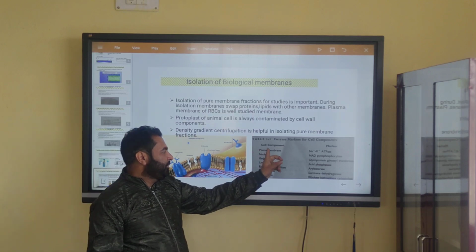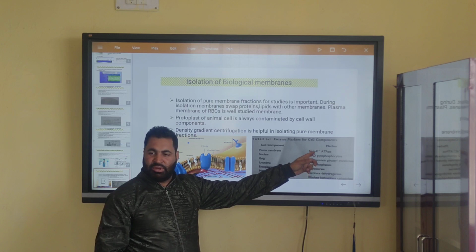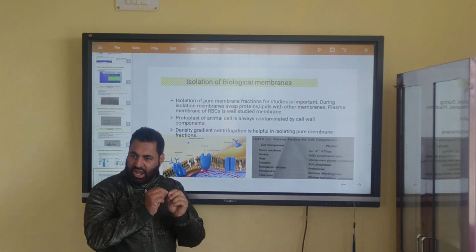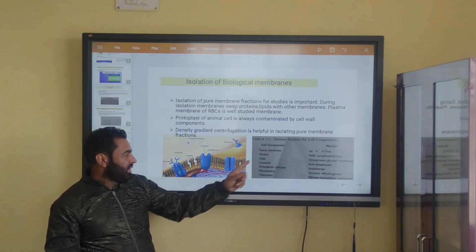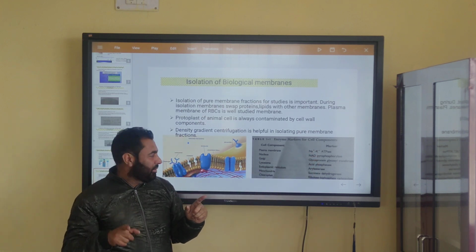Suppose it is a plasma membrane, it should have a high content of the sodium, potassium ATPase. If it has a high concentration of sodium, potassium ATPase, that means that marker is present here, so this membrane is from the plasma membrane.